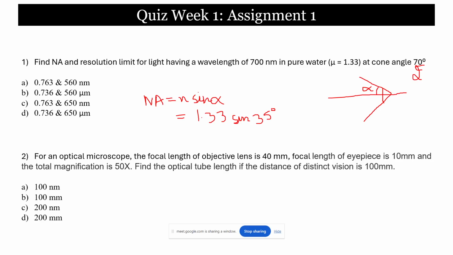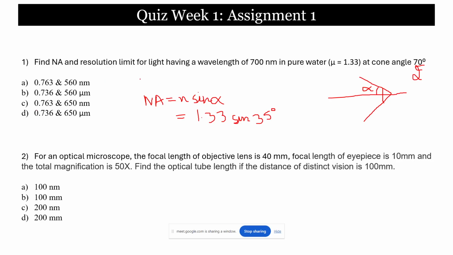I'll just calculate this. Has anybody calculated it? Yeah, it's coming around 0.7628, so it will be around 0.763.